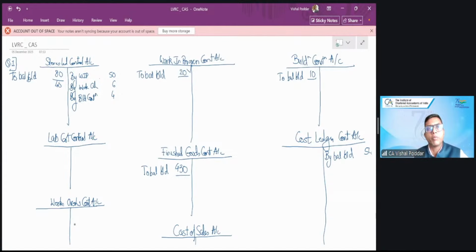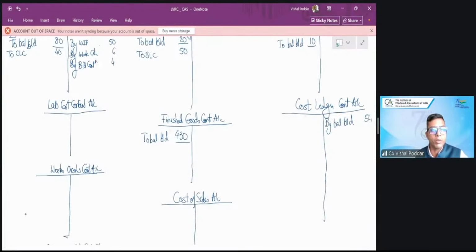But if, let us say, I have all the transactions of material at one place, I'll first pass all the entries in the material account itself. This saves my time when I'm doing the final working. The only drawback of this is if you miss to pass any entry later, it can be then problematic for your question.